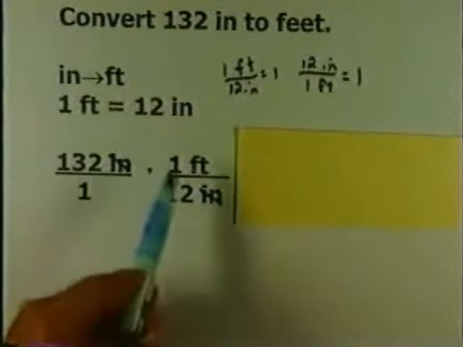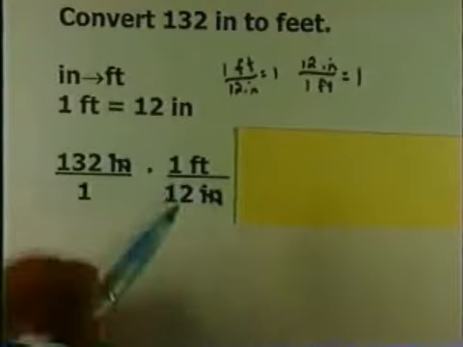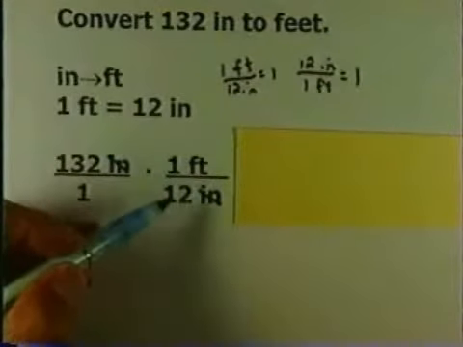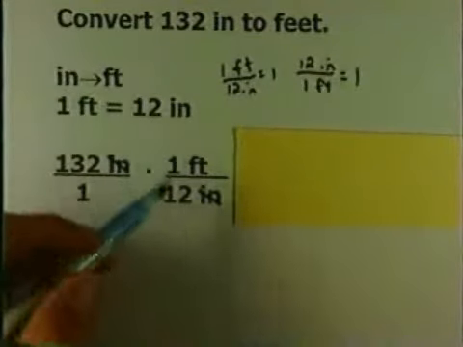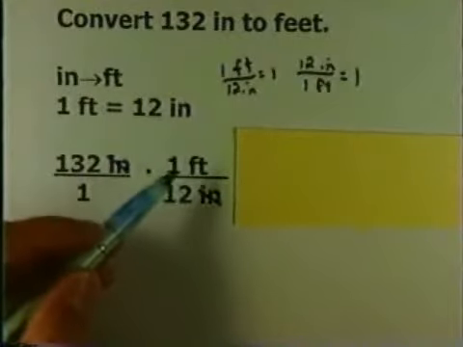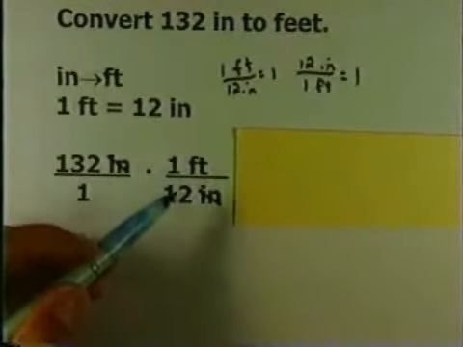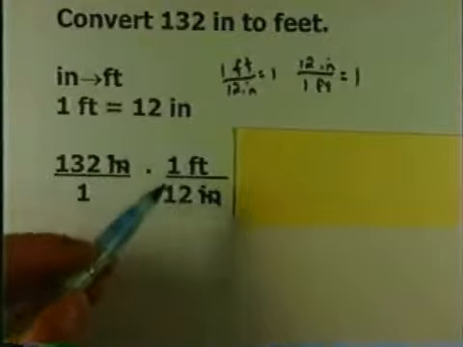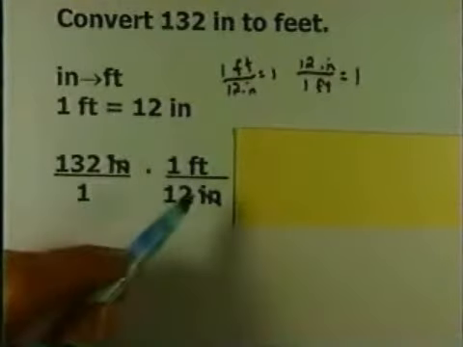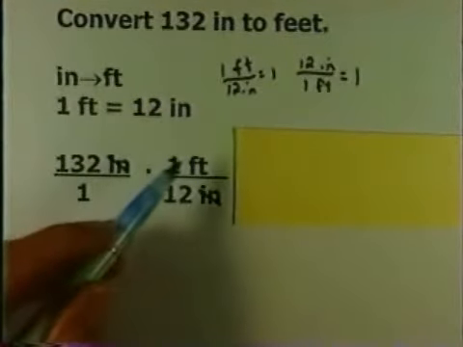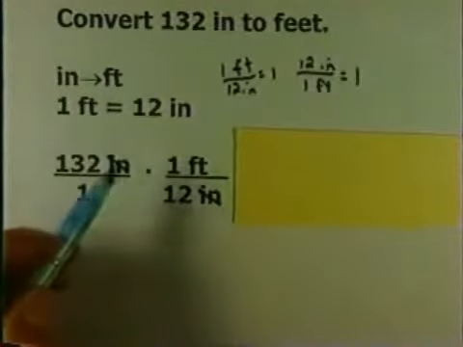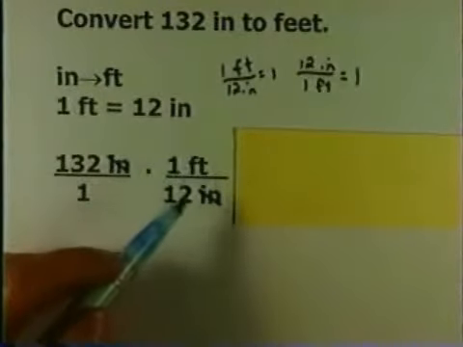Now just to point out, I could line this up by putting 12 inches over 1 foot. That would still be true mathematically because 12 inches over 1 foot is 1. Multiplying by 1 is okay. But nice things wouldn't happen. If I had 12 inches over 1 foot, I'd get inches times inches, square inches over feet.